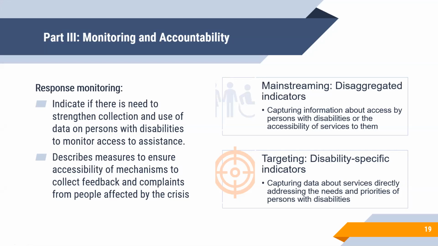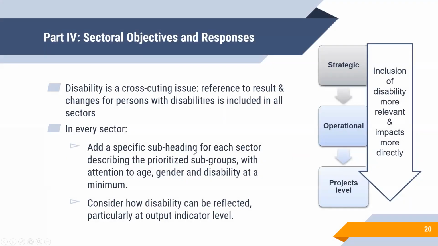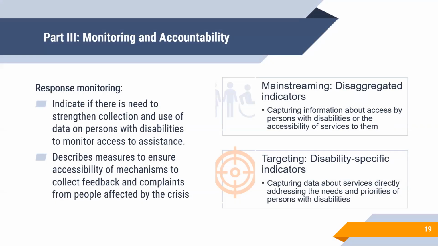And if, for example, you have a PIN figure of 10% of children have disabilities, but when you're then monitoring access to education you find that only 3% of children in school have disabilities, then that is clearly flagging an issue that would then need to be looked into. And in terms of a disability specific indicator in education, this could be, for example, number of children with disabilities reached with assistive technology.